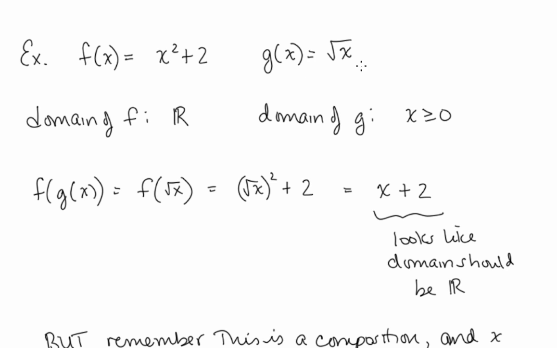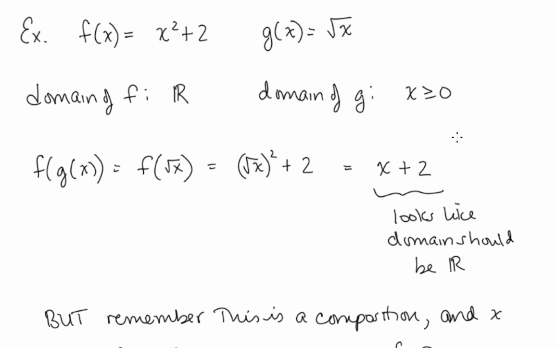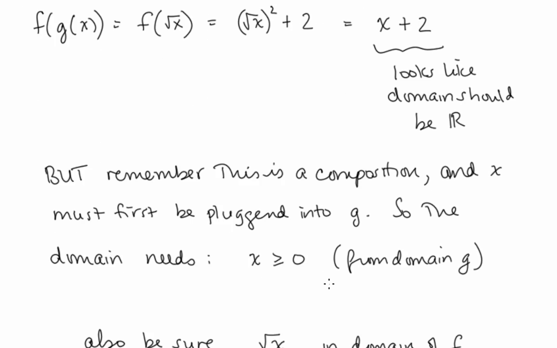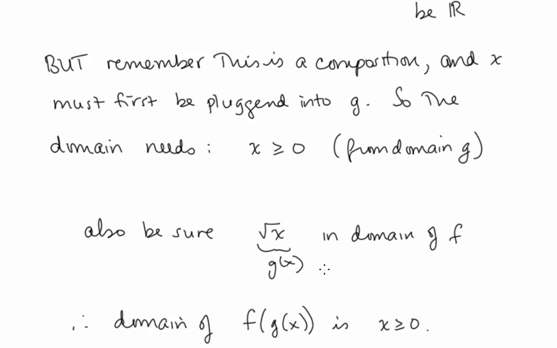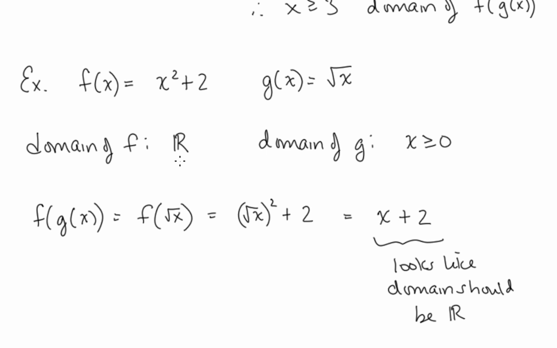G has a domain of x greater than or equal to 0. So we have to start with that as our domain. We need x greater than or equal to 0. We also have to be sure that g of x is in the domain of f. So we need to make sure that radical x is in the domain of f, but that domain was all reals, so that's fine.